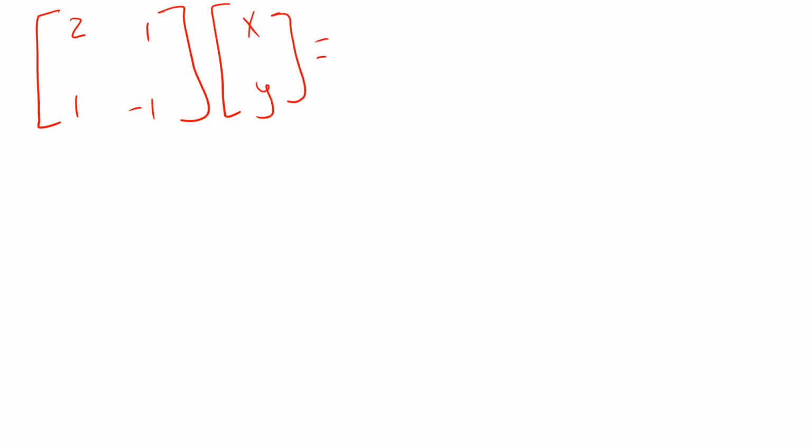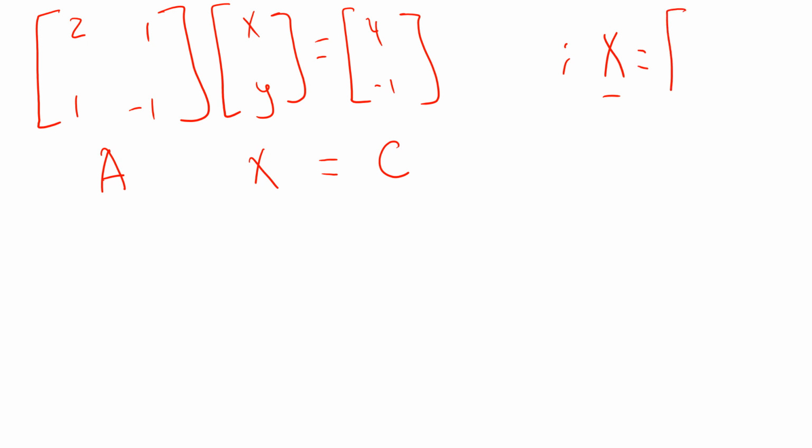So we have our matrix format: 2, 1, 1 and -1 times x and y, and that was equal to 4 and -1. So this is A x equals C, where vector x is the vector that contains our unknowns x and y. So we can solve for x as A inverse times C.